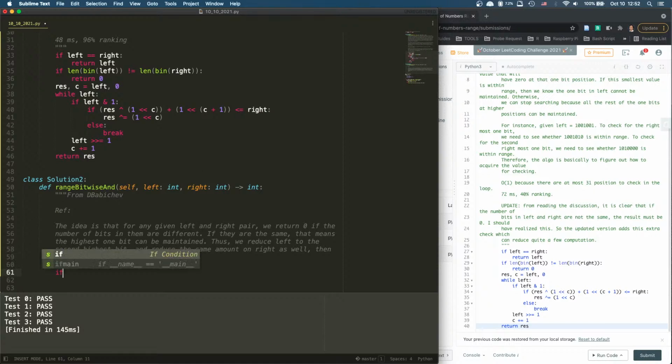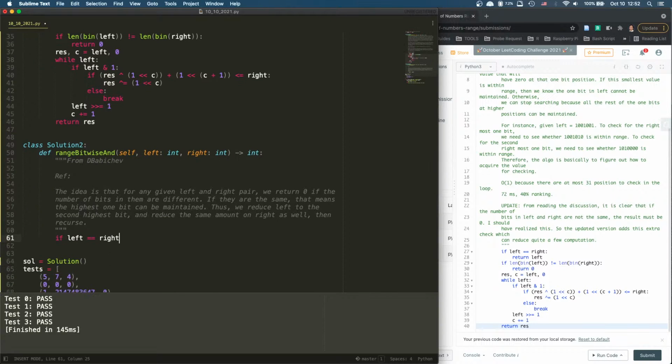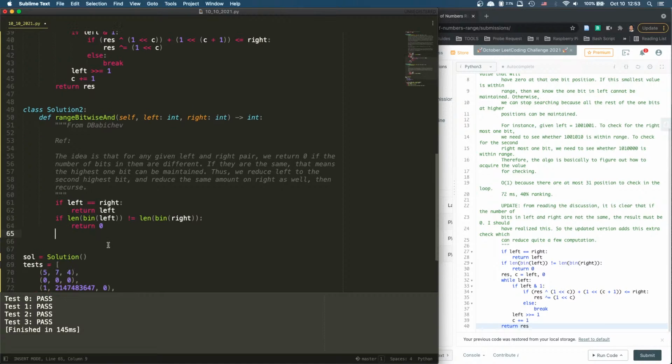So I'm going to say if left equals right, then we return left. So if the two are the same, we always return that. And then if these are not the same, then we return 0, right? So this is good. Otherwise, we know we just need to get the leftmost bit.